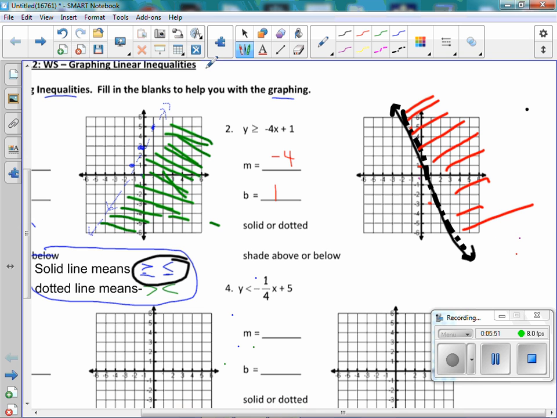If we put 0 for y and 0 for x, that's saying that 0 is greater than or equal to 1. Is that true? No, it's not. That's why we can't shade down here, because that's not true. So we shade in all the true parts. So let me know if this is more clear for you.